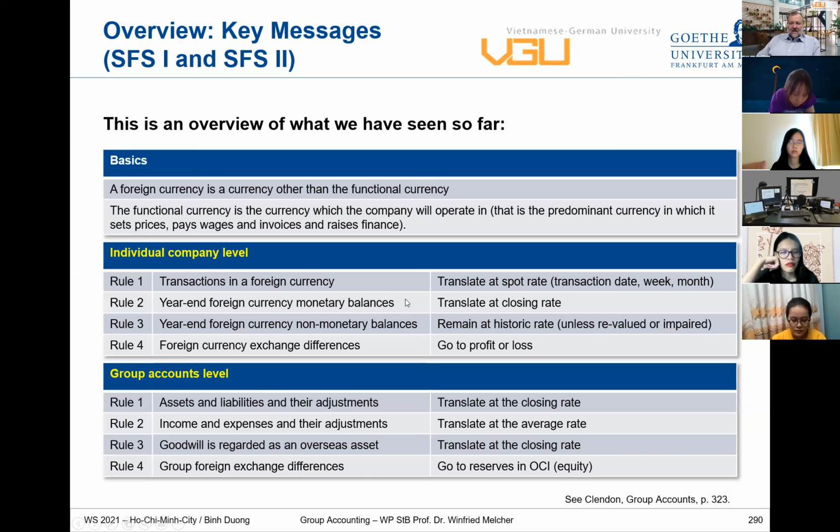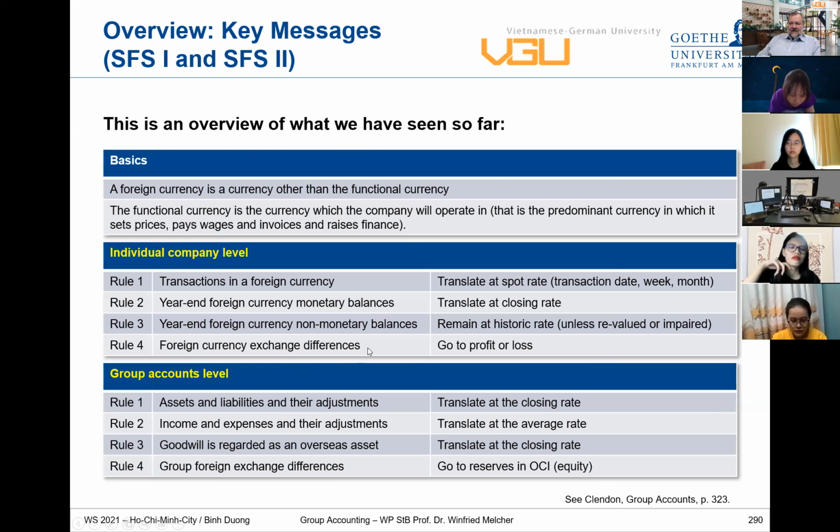Now, when it comes to year end, when we look at the individual company level, we translate any monetary balances at the closing rate and retain the historic rates for any non-monetary balances. Unless, of course, it's revalued or impaired, but then we go for the last transaction.